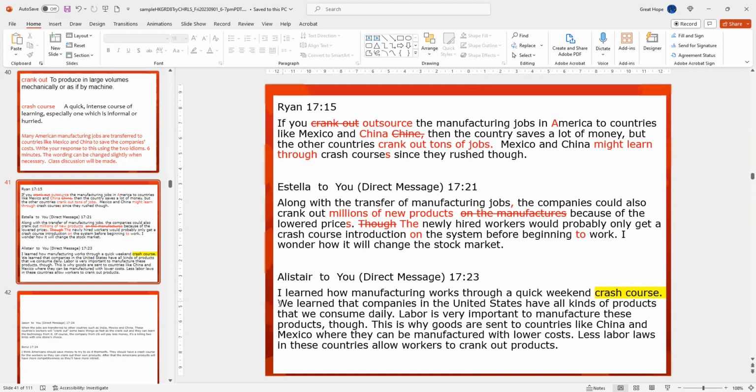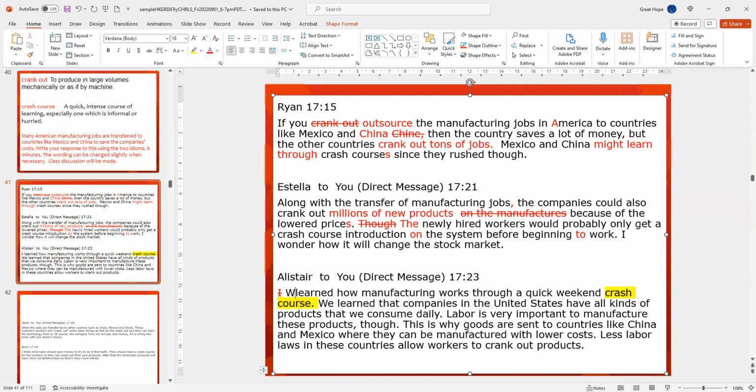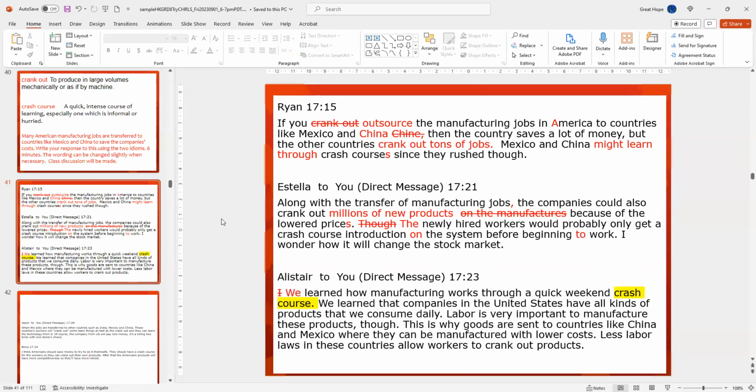All right, Alistair? Yeah. So that's why I suggest you probably just remove the I, because that's not normally an individual saying. It's a group saying, because people do the learning on a group basis. We learn how manufacturing works through a quick weekend crash course.